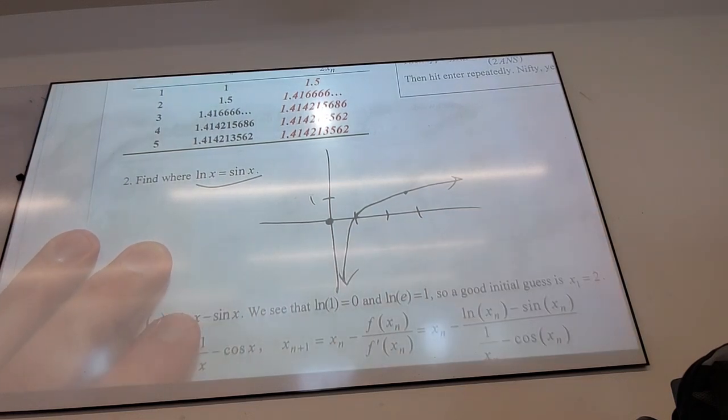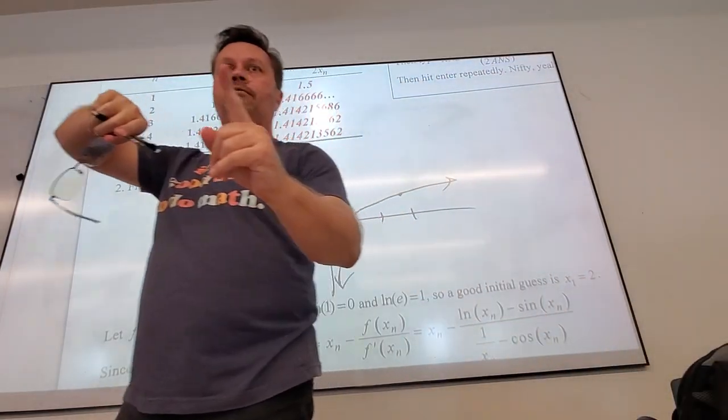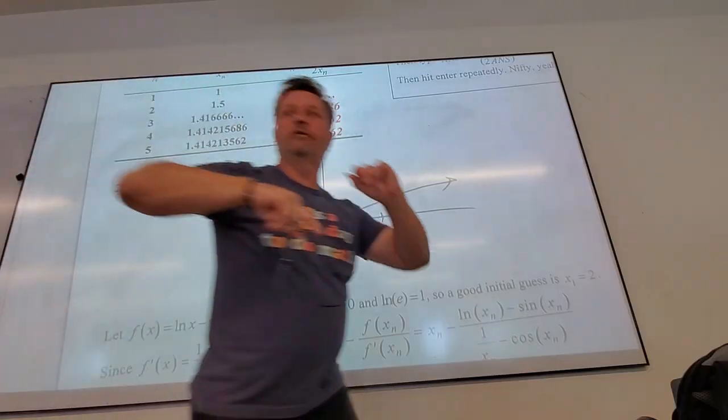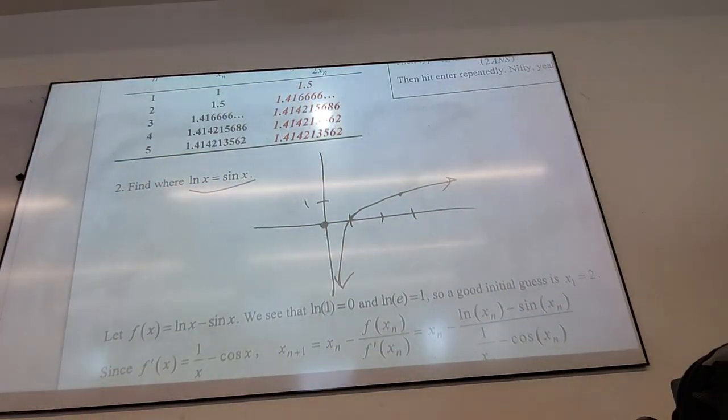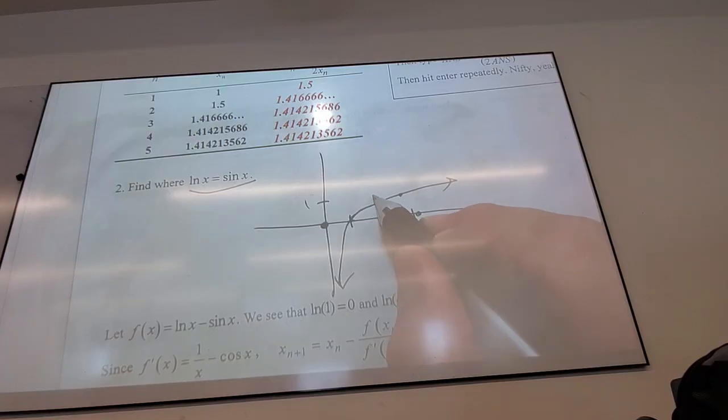Pi over 2 is where it's 1. So at pi, it's 0, yes? And pi is 3.1 blah blah blah. And pi over 2 is roughly 1.57, whatever. My scale kind of sucks, but it's okay. So this is what sine looks like.